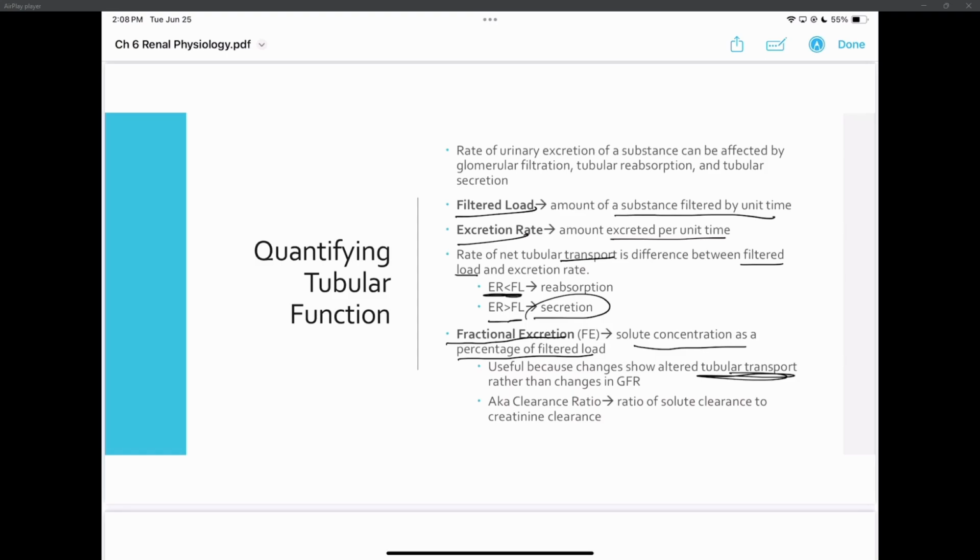So we use a clearance ratio, basically the rate of solute clearance to creatinine clearance. Creatinine clearance is our normal, and we relate other things to it as well. So you'll see fractional excretion come up a lot when we talk about mainly potassium, because that gets altered a lot right at the very end of the collecting duct.